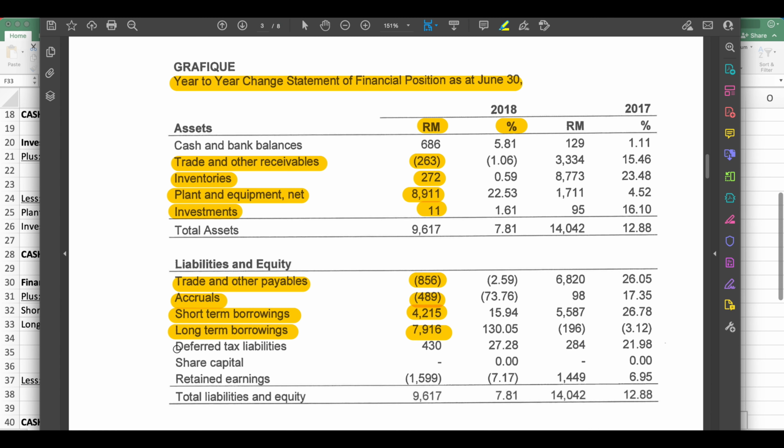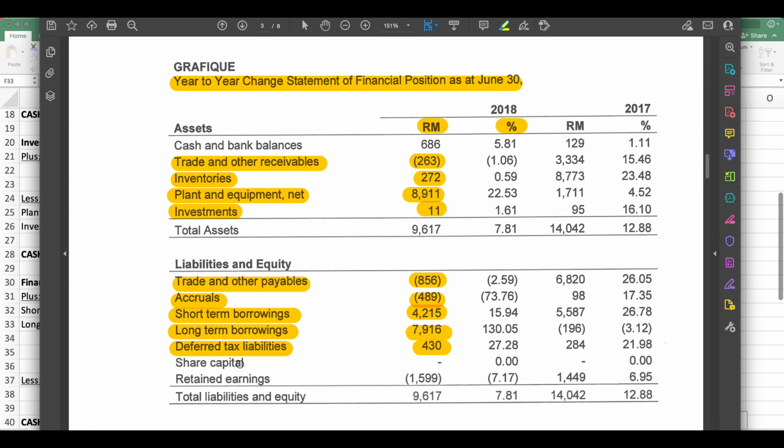And then what's next? The deferred tax liabilities also increased by 433. What is the deferred tax liability? It is the tax that is owed but not due to be paid until a future date. So that is an obligation for the company to pay the tax in future.